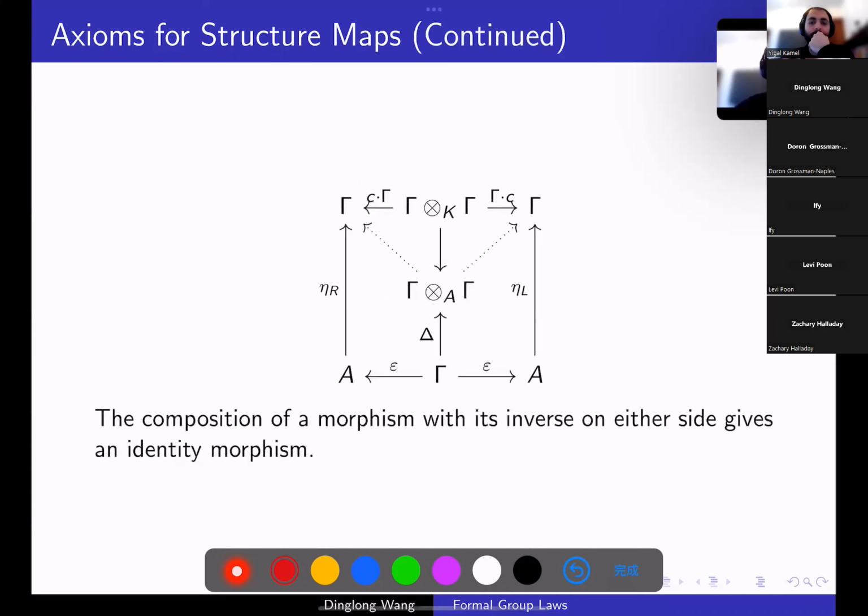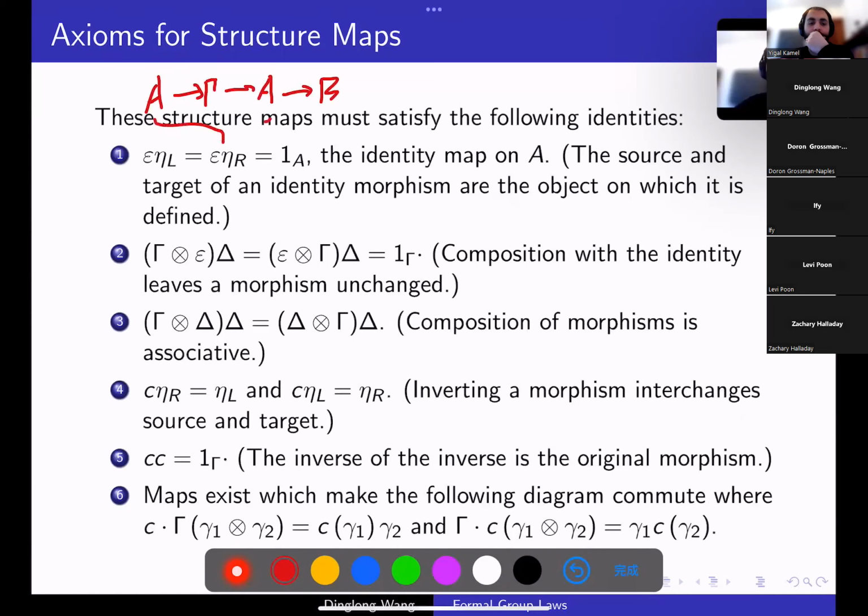Thus, this part should be the identity map on A.